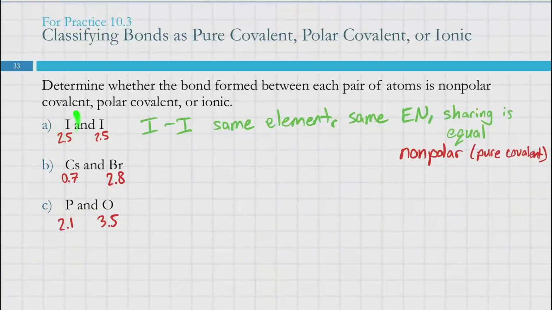Every time that it's a thing bonded to the same thing, it's always going to be nonpolar because they're going to have the same electronegativity value.